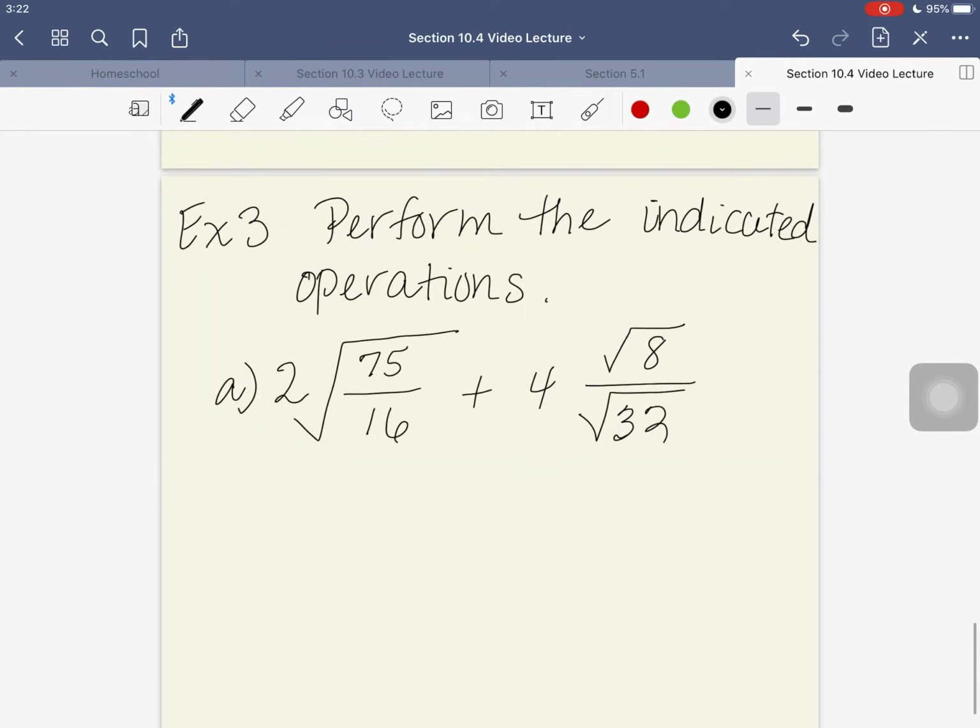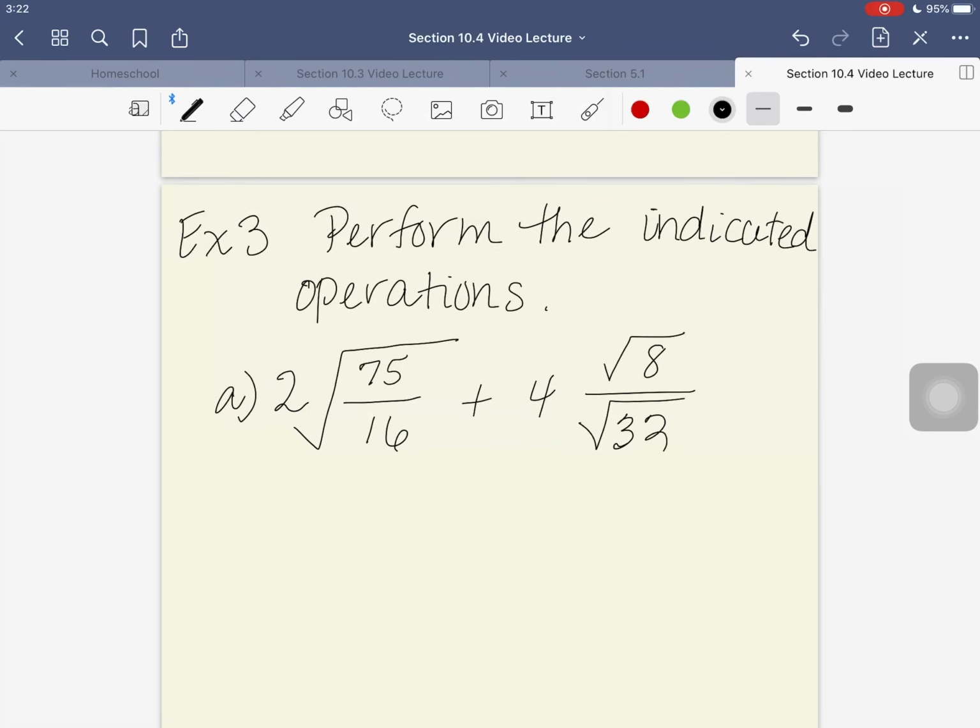All right, and then the last example says perform the indicated operations. Again, you want to break down each term as much as possible and then see what you can do from there. So I'm going to rewrite everything in terms of perfect squares. So that's going to be 2 times, let's see, I'm going to go ahead and separate these terms here.